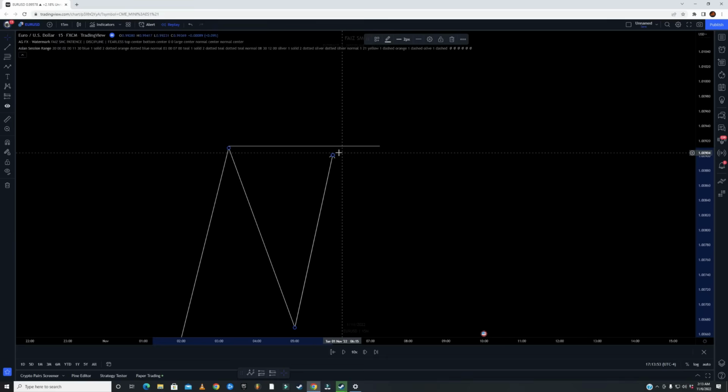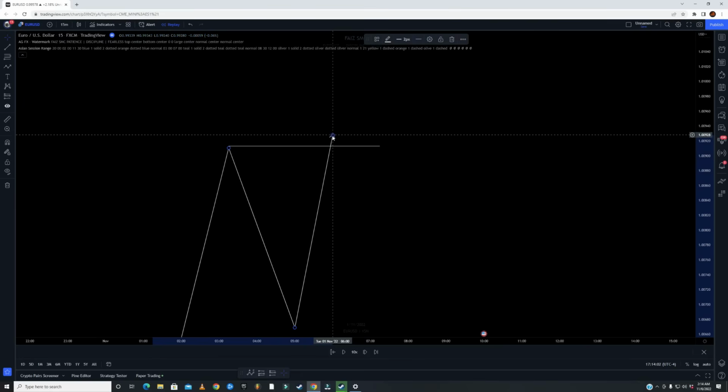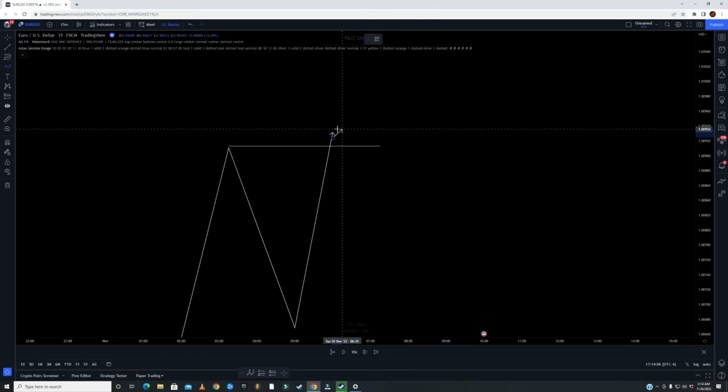Now I do not want to see another candle go above that wick. I want to see price go down. When a candle closes out of this range, I do not want to see another candle go above that. I want to see price directly go back into the range.